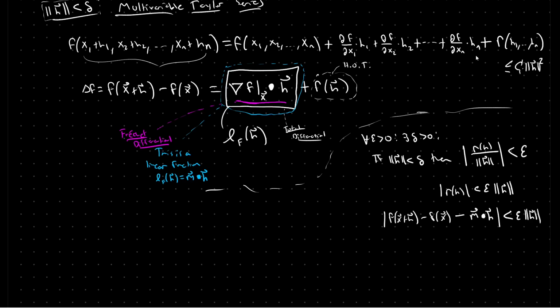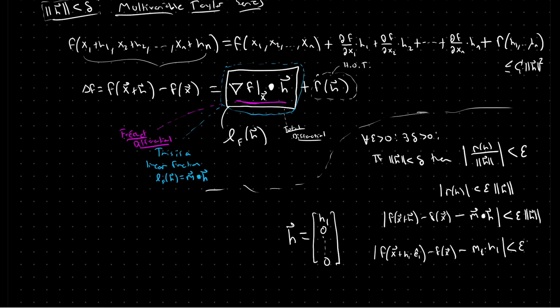And from this we're essentially done, because now if we fix a given h to be, for instance, h equal to just h1, so variation along the first component, and zeros everywhere else, this inequality is saying that the absolute value of the function evaluated at x plus h1 times e1 hat, which is the unit vector in the first direction, minus f of x, minus m1 times h1, because the dot product m dot h is m1 times h1, is less than epsilon times the norm of h.